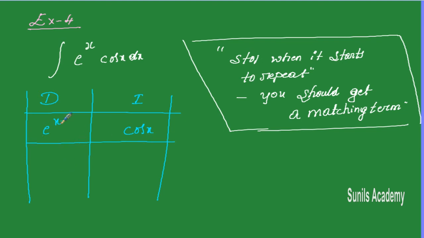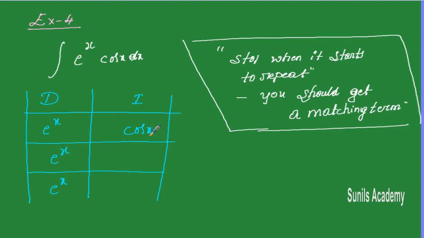Then you have to integrate e power x, which is e to the power of x. Again integrate e power x, which is e to the power of x. But we see the terms are repeating here. Then I have to stop the differentiation in the first column.